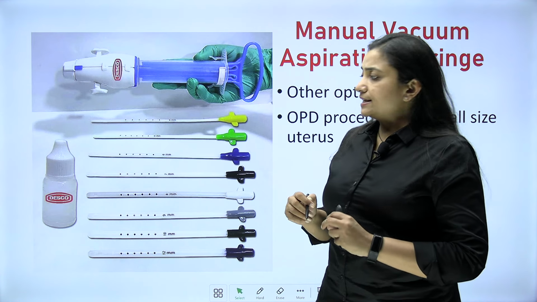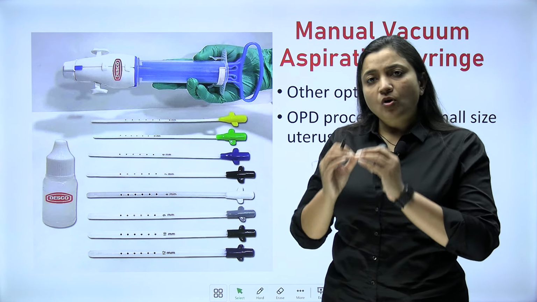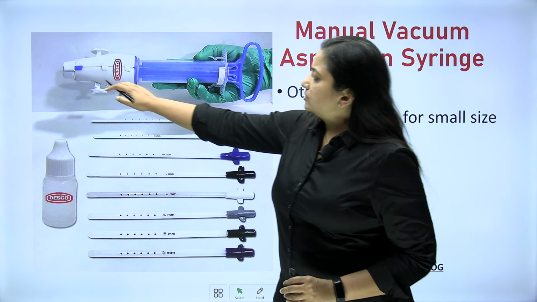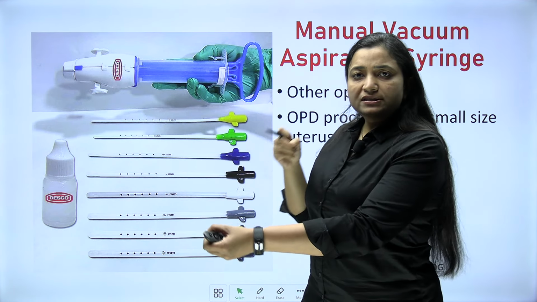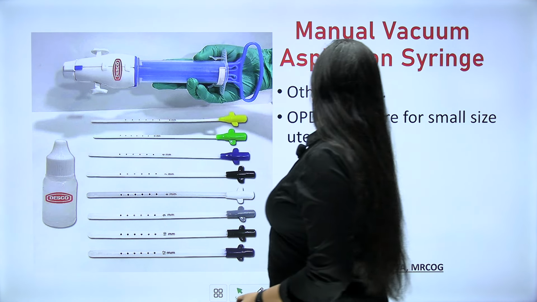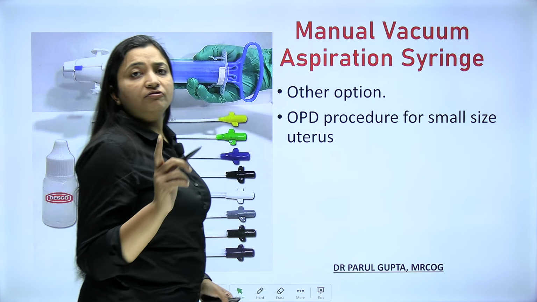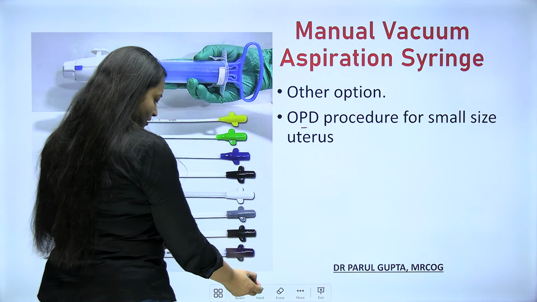So, there are different size cannulas for different size uteri. Generally, it is used to empty small uteri. You attach the cannula to this place and just do a syringing and pull out the contents. This is called manual vacuum aspiration, if you are not doing the conventional D&E or suction evacuation. So, these are generally OPD procedures for small size uteri.